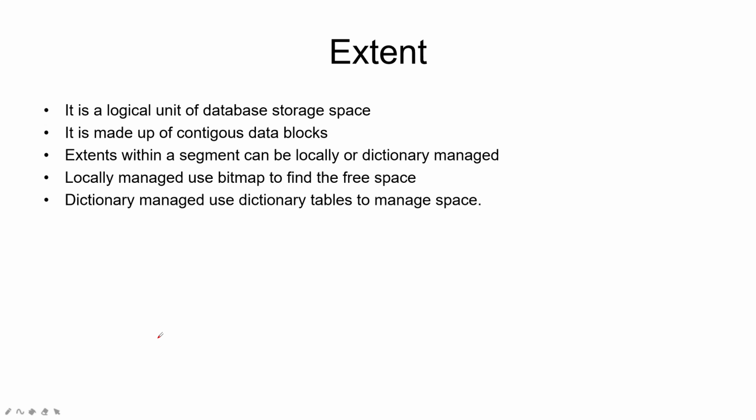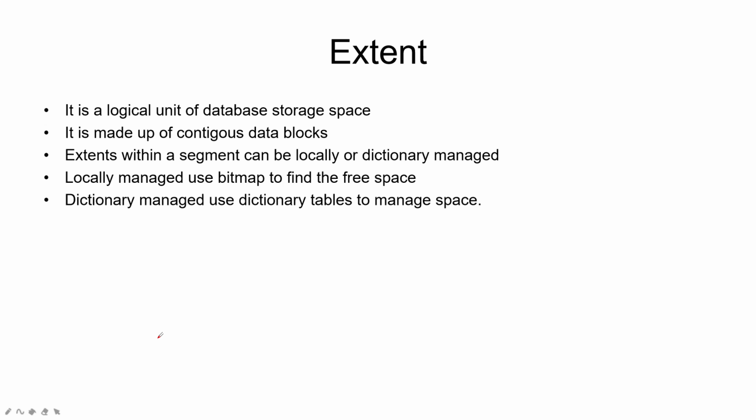So what is dictionary managed tablespace management? A dictionary managed tablespace uses dictionary tables, which means Oracle updates the appropriate tables in the data dictionary whenever an extent is allocated or freed for use.